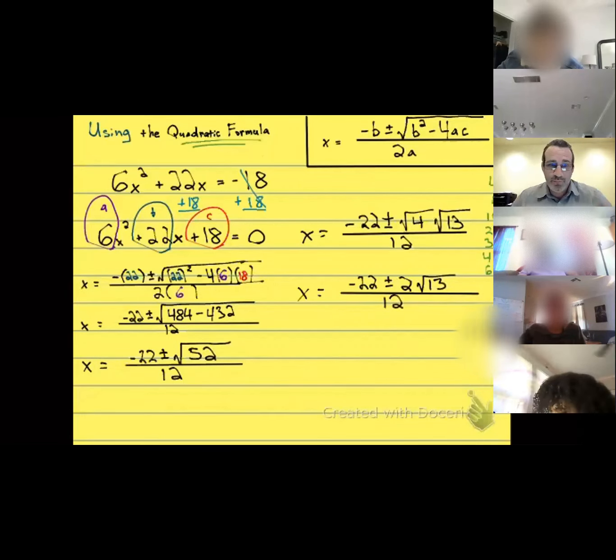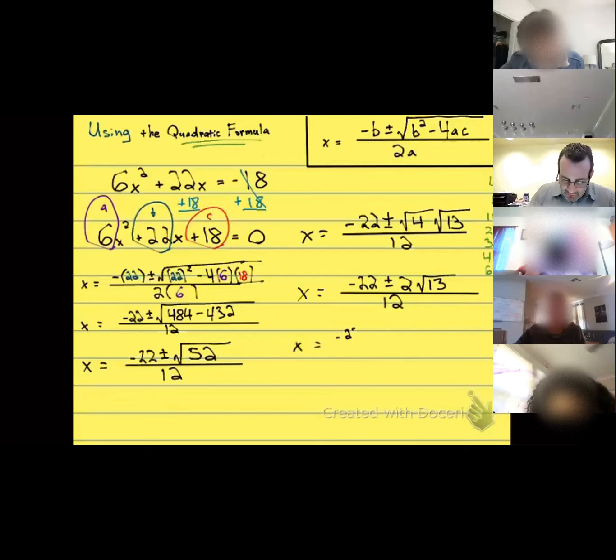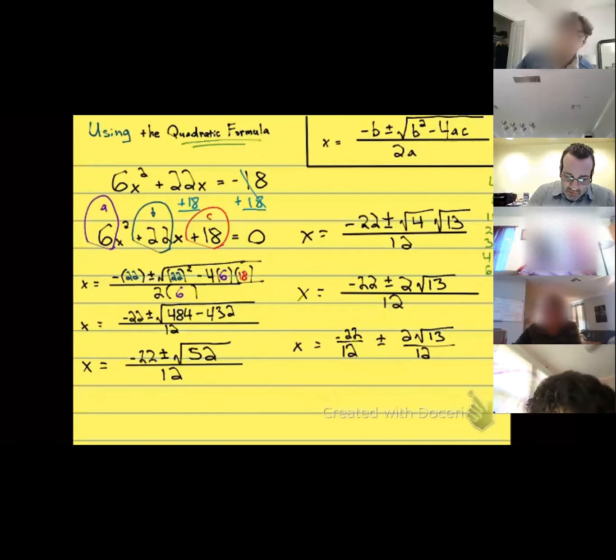Now, I could be done now, but if you look at the two numbers, 22 and 2, all over 12, you'll realize that those will reduce. So I'm going to split this up into 2 fractions so I can reduce completely. X equals negative 22 over 12 plus or minus 2 square root of 13 over 12. The first fraction, 22 over 12, is going to reduce. 2 goes into both of them. 2 goes into 22 11 times, 2 goes into 12 6 times.